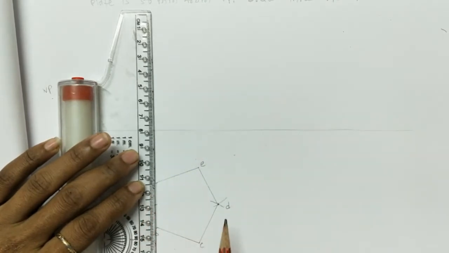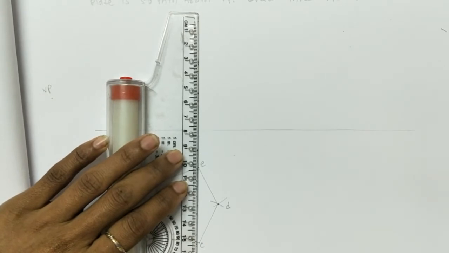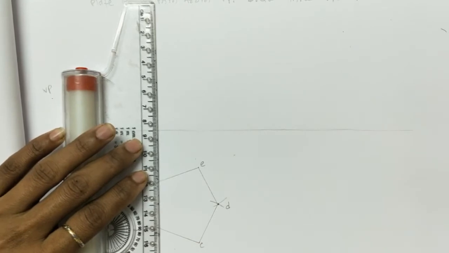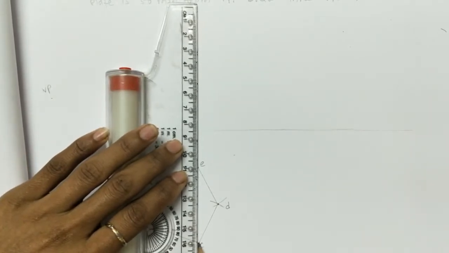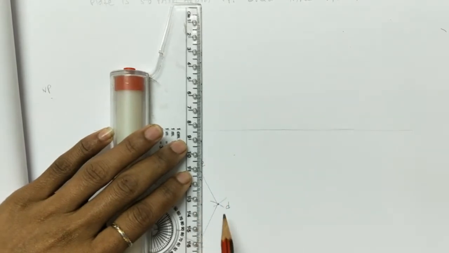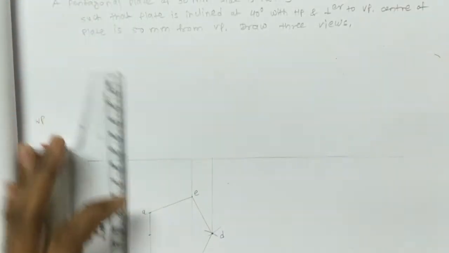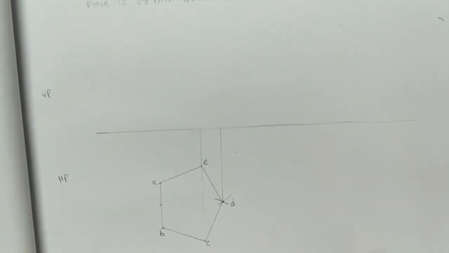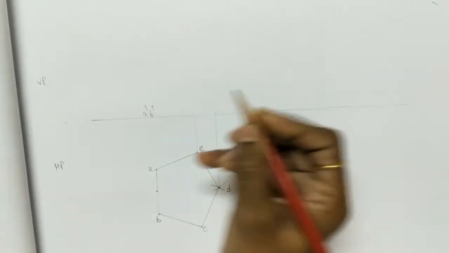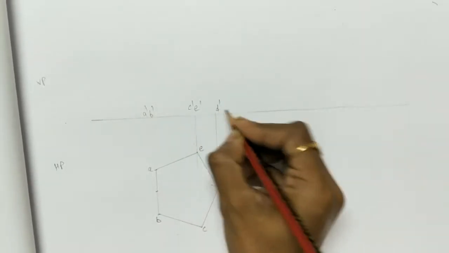Next, C and E lie on the same line, and then D. Then give names A dash, B dash, then C dash, E dash and D dash.